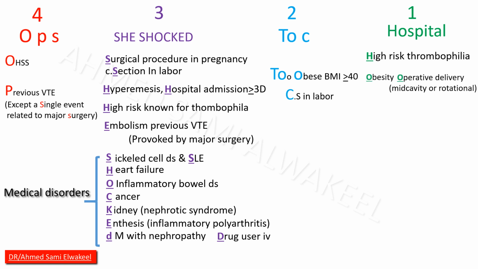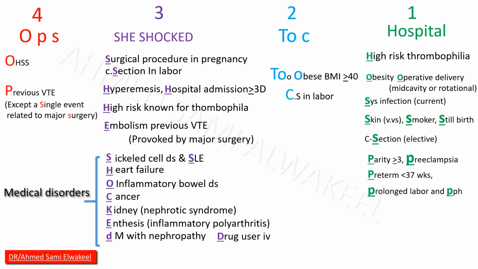O. Obesity, operative delivery, mid-cavity or rotational. S. Systemic infection, current systemic infection, and skin when we see varicose vein. S. Smoker, stillbirth, and C-section, elective C-section.